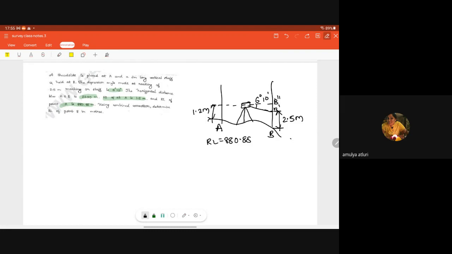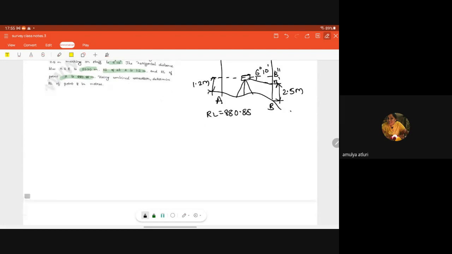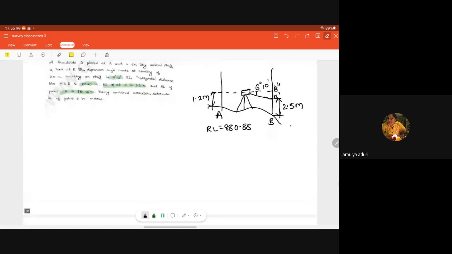So they are asking us to calculate the reduced level at B, right? The correct staff reading on B: what is the correct staff reading on B? The 2.5 minus the error due to refraction, right?